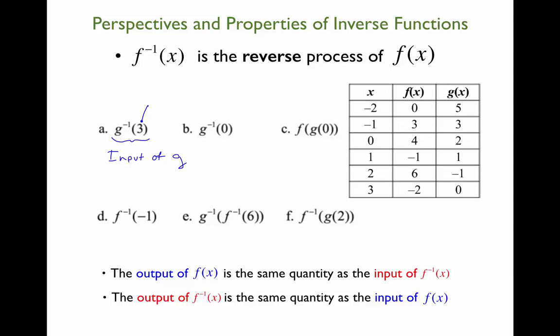Everything's flipped when you have inverse. So this is asking for the input of g when the output of g is 3. What is that? Negative 1. You look at an output of g of 3, which is here. What's the corresponding input? Negative 1. So this thing equals negative 1. Get it? Okay, go. Work on this.